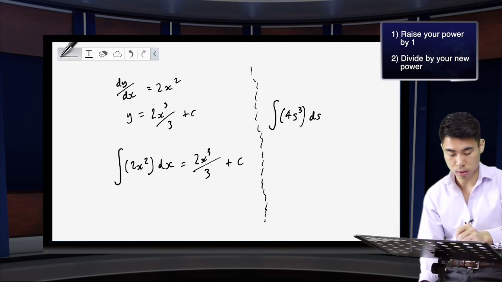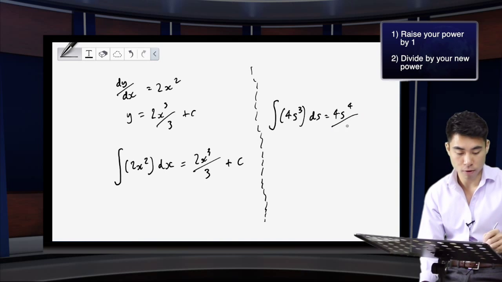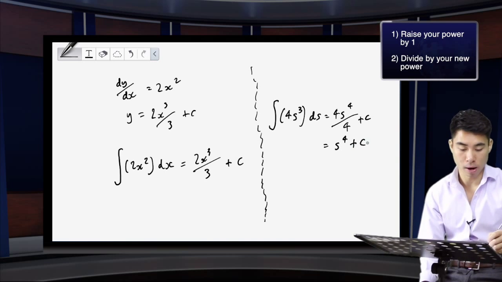So rather than having a dx, we're going to have a ds here. And then following our rules, so raise our power by 1, that 3 becomes a 4, divide through by a new power, plus c, and then just cancelling those 4s, I'm left with s to the 4 plus c, and that would be my final answer to that one.